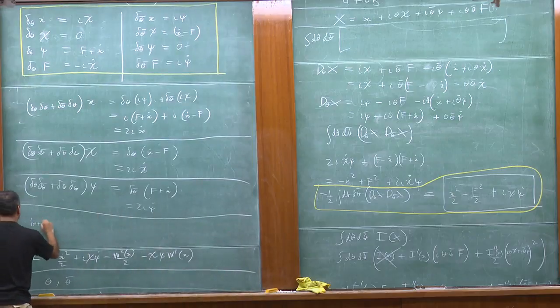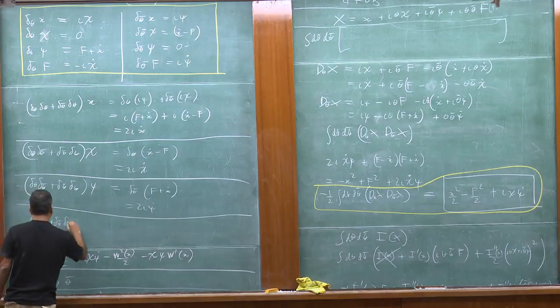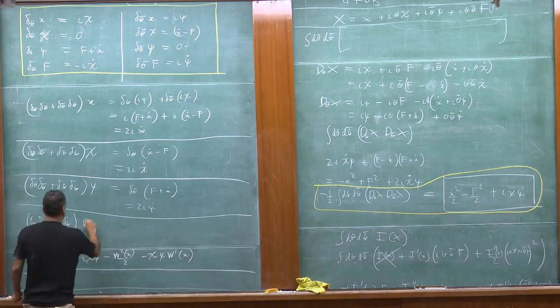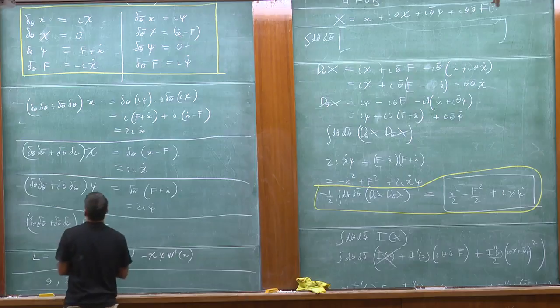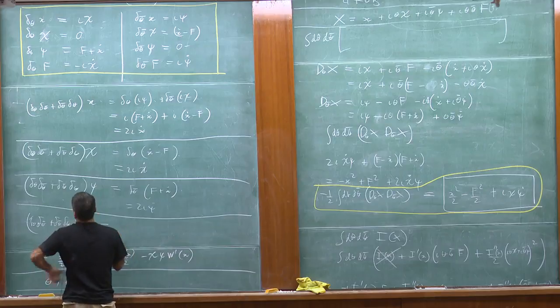Delta theta plus delta theta bar, plus delta theta bar delta theta on f. Okay, now that is equal to delta theta on f. So let's do the delta theta bar.